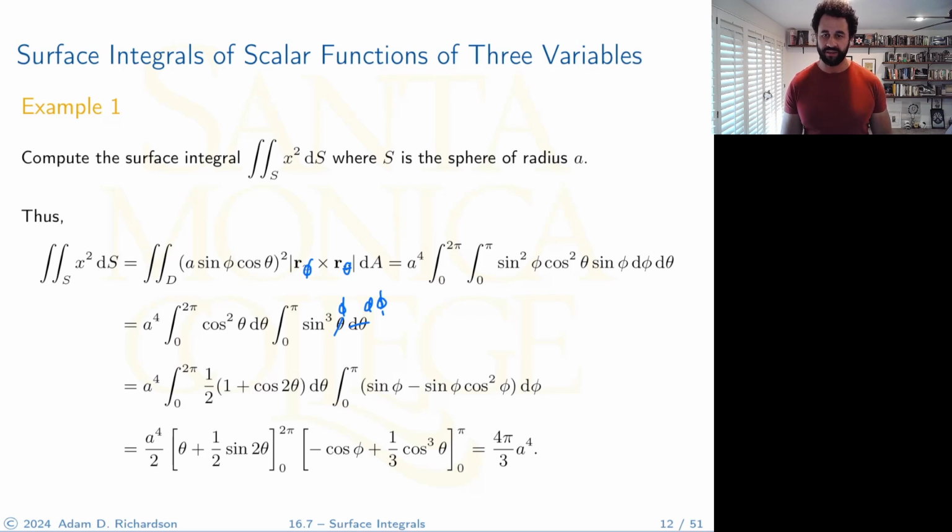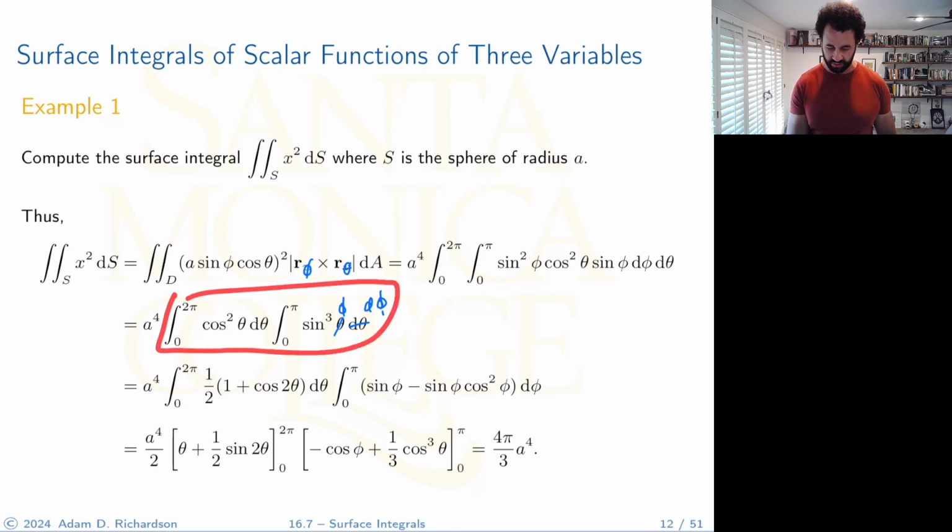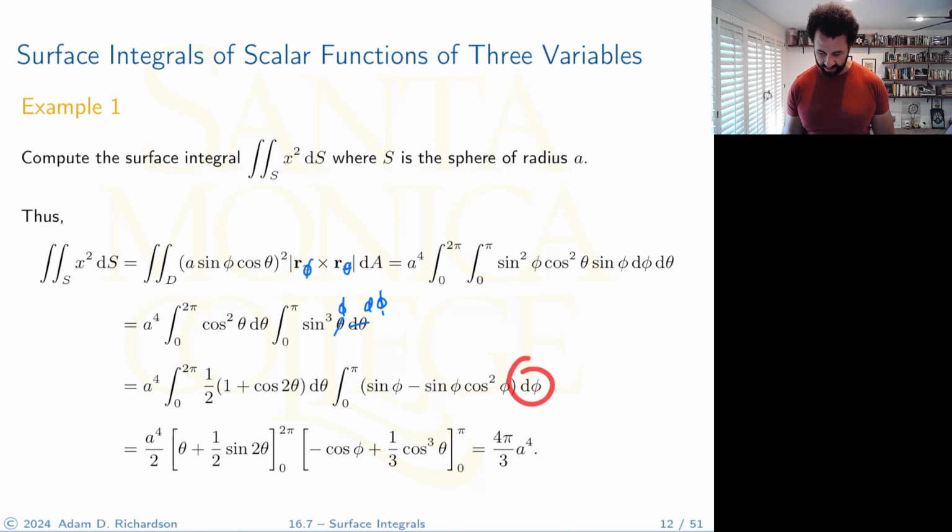So using that really satisfying corollary that we learned back in chapter 15, we can split this into two separate integrals and do it as a product of those two integrals right here. So my bad, that's kind of confusing. It's correct down here, but at this point, you're just doing integrals of a single variable. So just go through and compute those single variable integrals. And after you get through a little bit of work, you find that the final answer is 4/3 pi a to the fourth. And that's that surface integral.